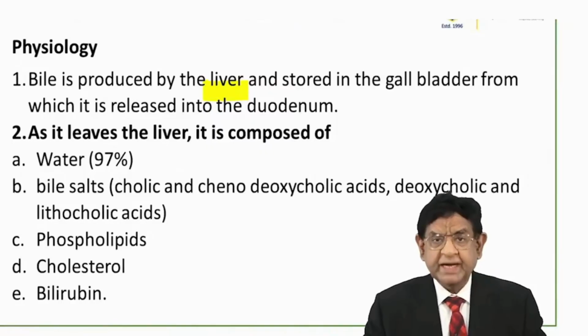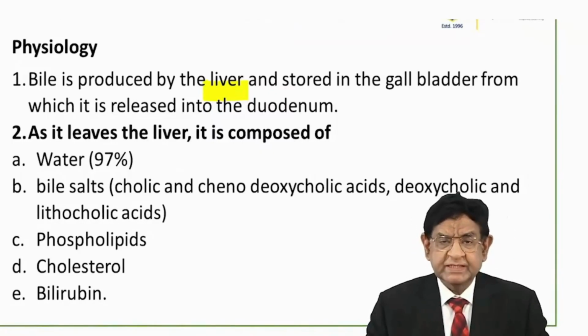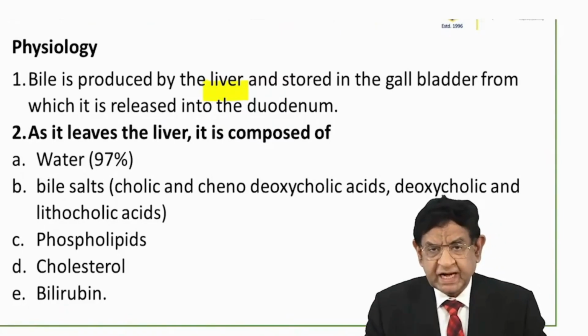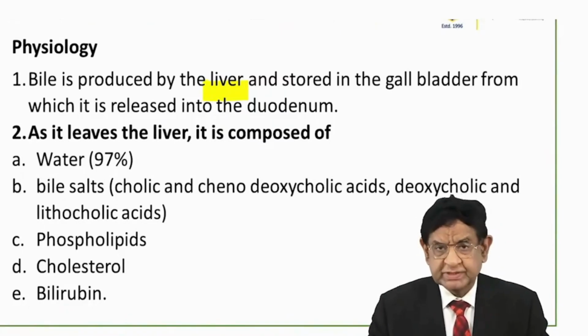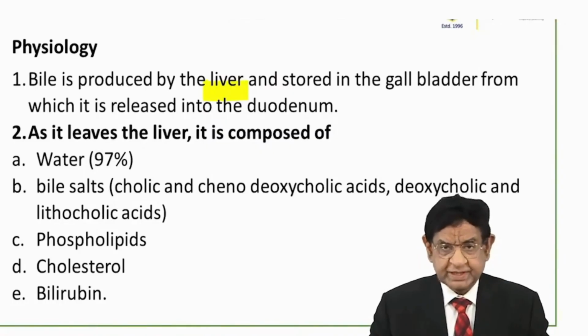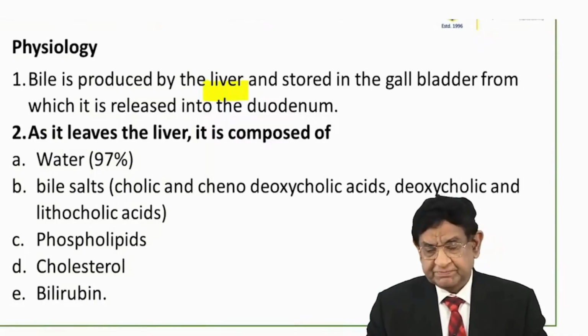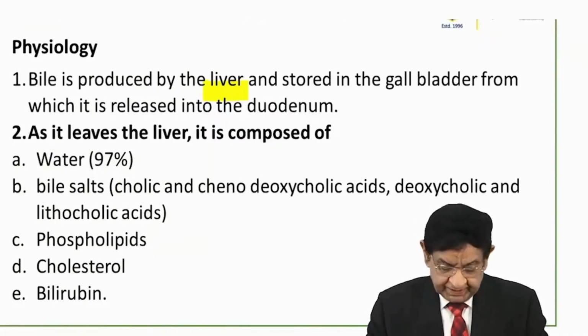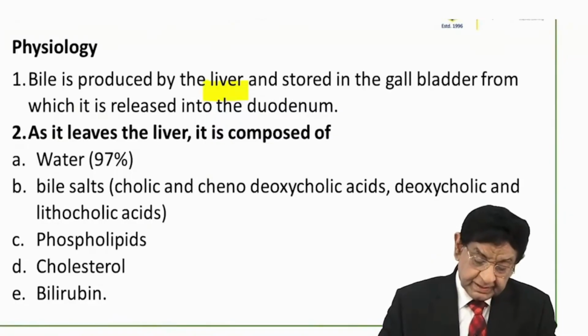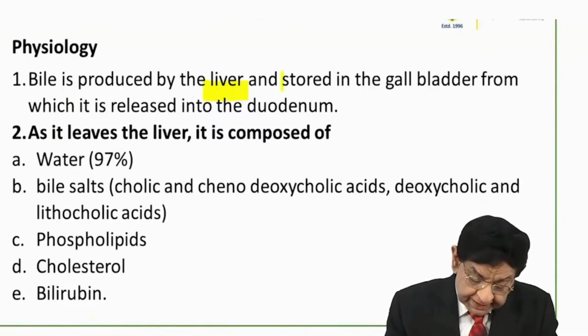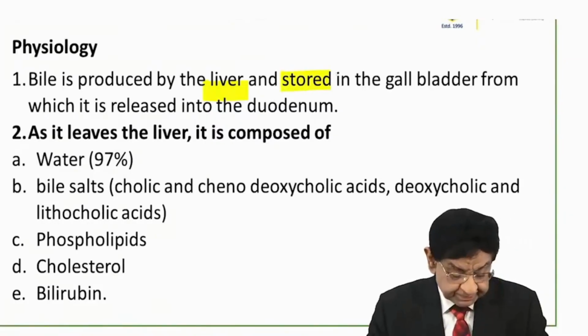I have taken a full lecture on this also, especially in the chapter of primary biliary cirrhosis, where I mentioned in detail how the bile is formed and how it moves in the liver and outside the liver. Those of you who have not seen it, you can see that lecture. As of now, bile is produced by the liver, and it is stored in the gallbladder.